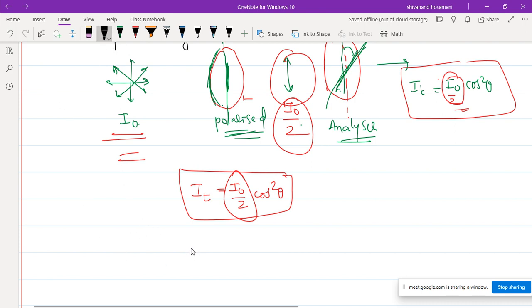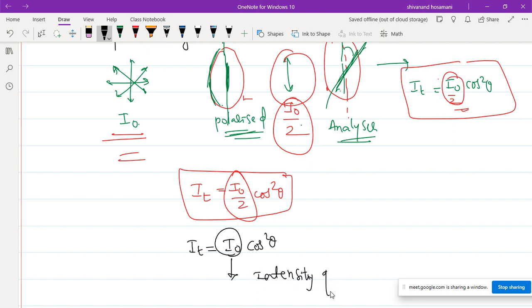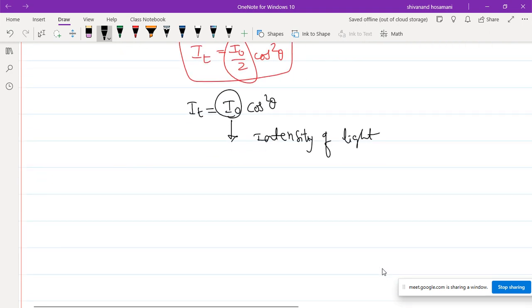The output coming out of the analyzer is always I naught cos square theta by 2, where I naught is the intensity of light between polarizer and analyzer, before the analyzer.